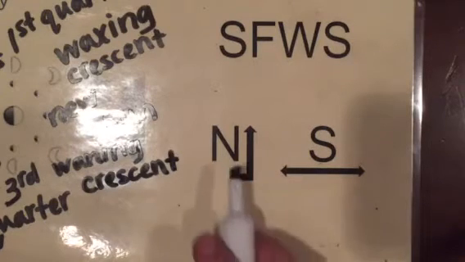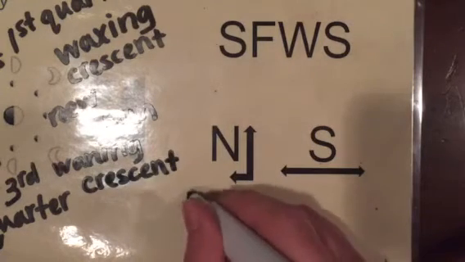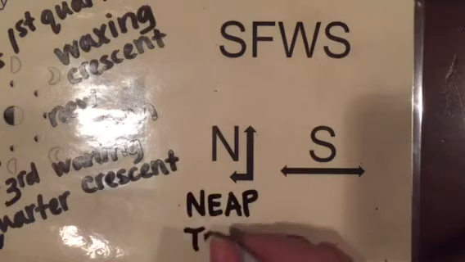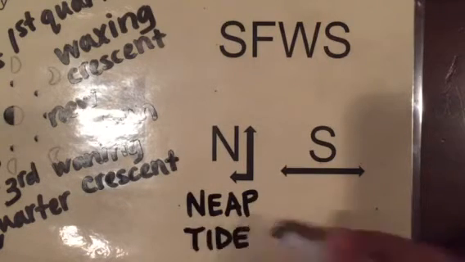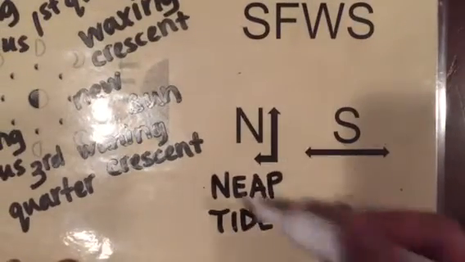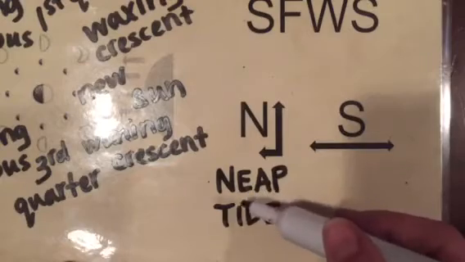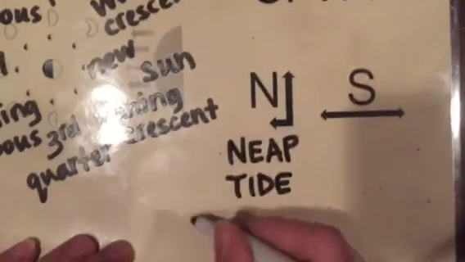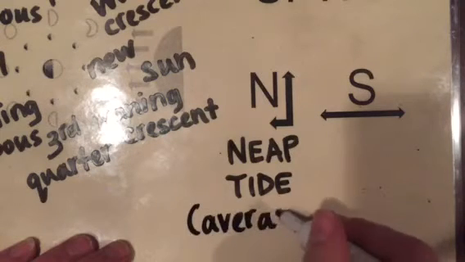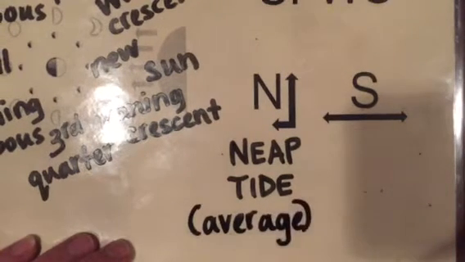Next, scoot over to the letter N and S. N here stands for neap tide, which refers to the time of the lunar cycle when we on Earth experience average ocean water levels.